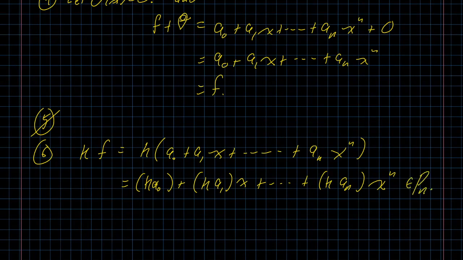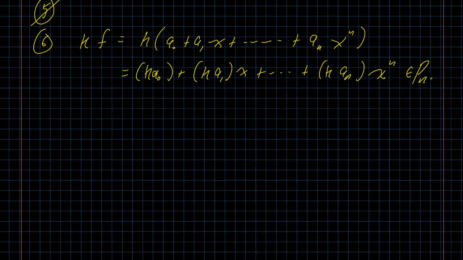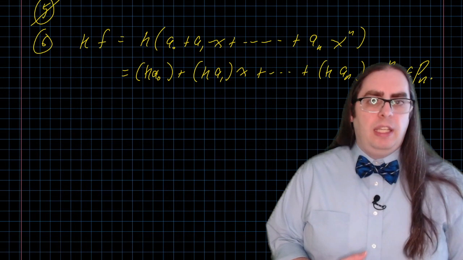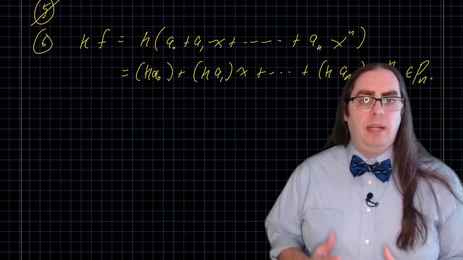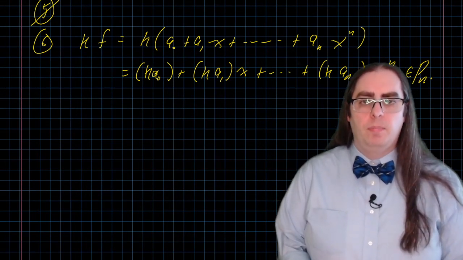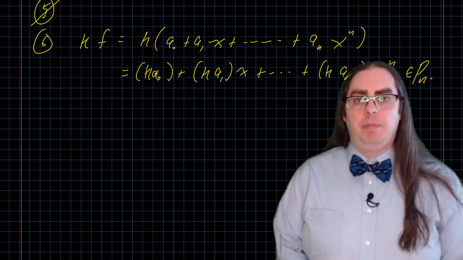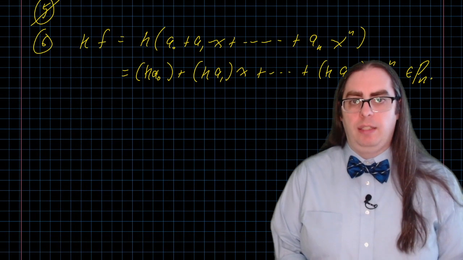It's in Pn. Right. I'm kind of glossing over that, but I want to take a moment now while I'm thinking about it and talk about that a little bit more. This isn't a guarantee, and it is something that comes from our definition. Imagine that I change the definition of Pn ever so slightly.